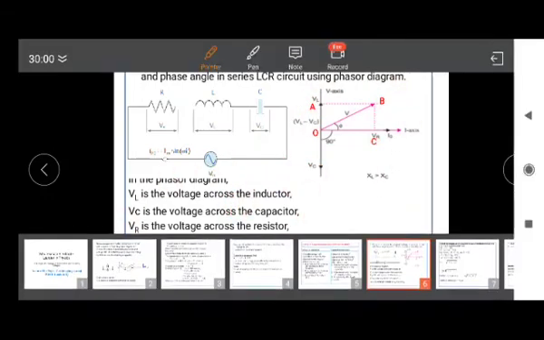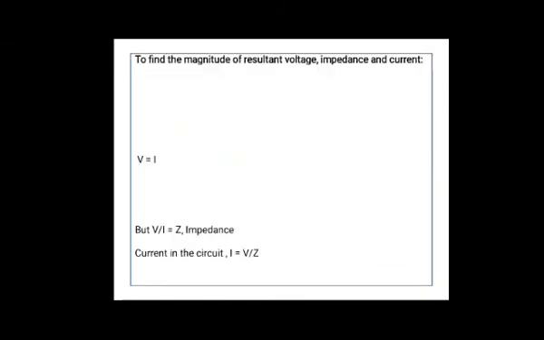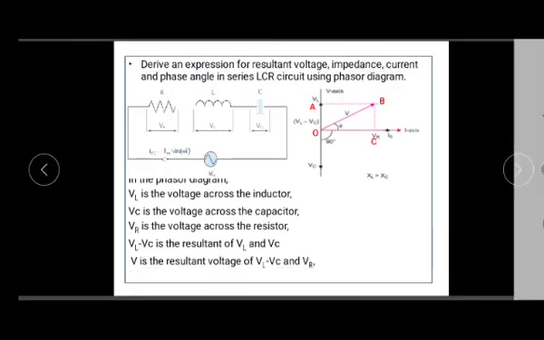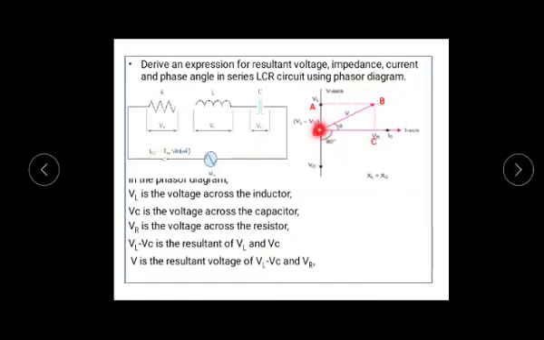To find the magnitude of the resultant voltage, impedance and current, we have to choose the right angled triangle. Which right angled triangle is taken here? This one, OCB. In this OCB you can apply the Pythagoras theorem: OB square is equal to OC square plus CB square.